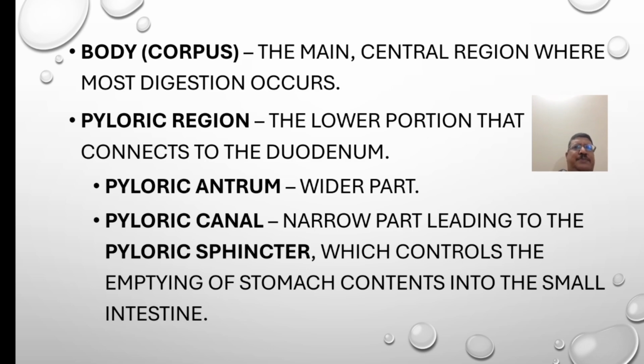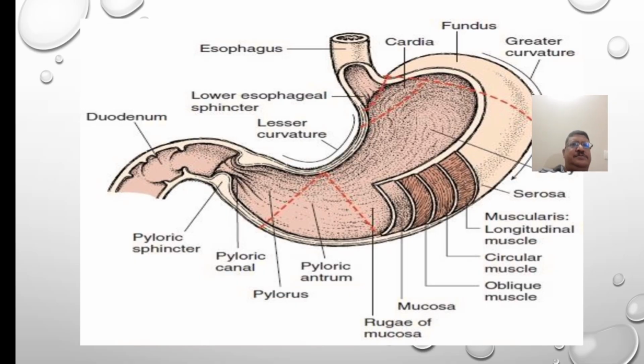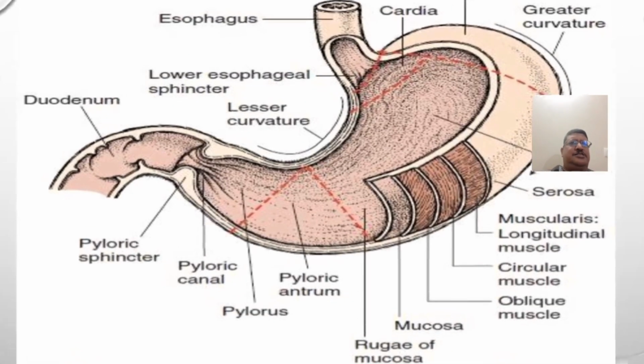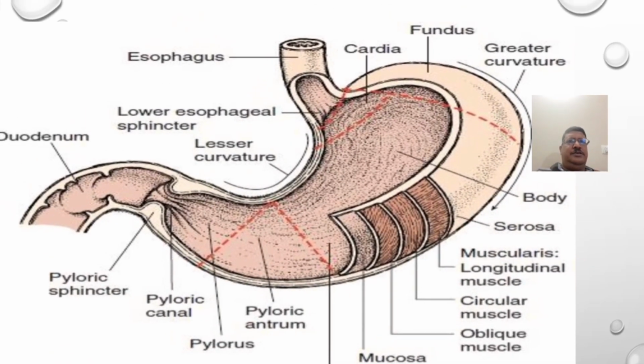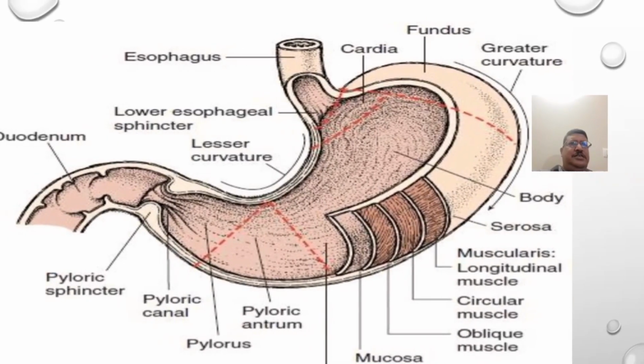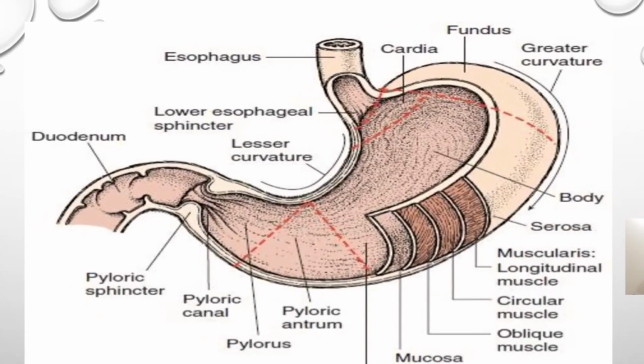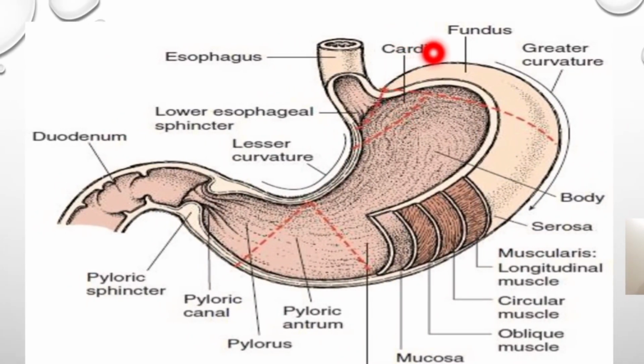Pyloric antrum, the wider part. Pyloric canal, the narrow part leading to the pyloric sphincter, which controls the emptying of stomach contents into the small intestine. So this is the structure of the stomach: cardia, fundus, greater curvature, body, serosa.